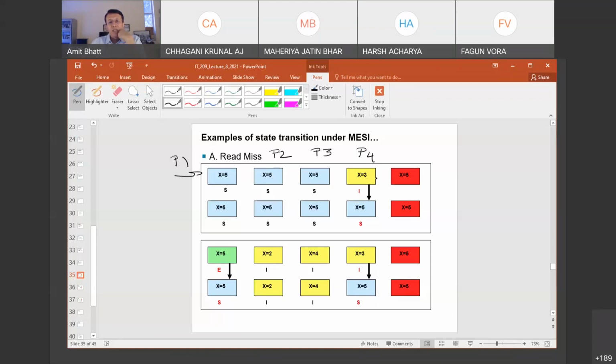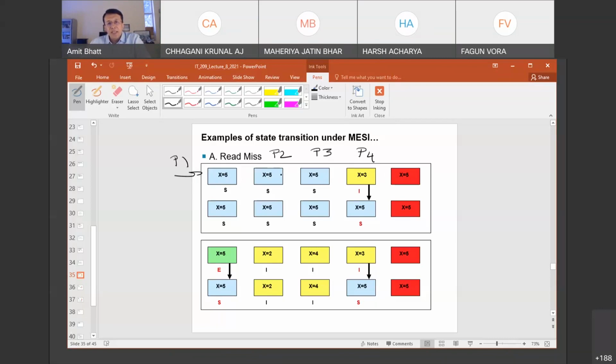Now processor 4 wants the value of a data word, say x equal to 3. But as you can see, the current value in main memory is x equal to 5, so this value is obviously not the correct value. All other blocks have the updated value.